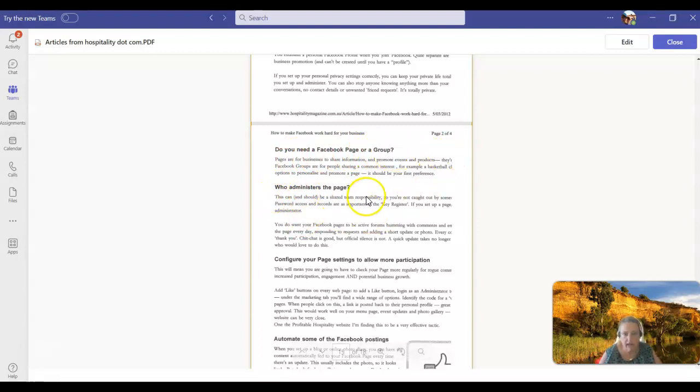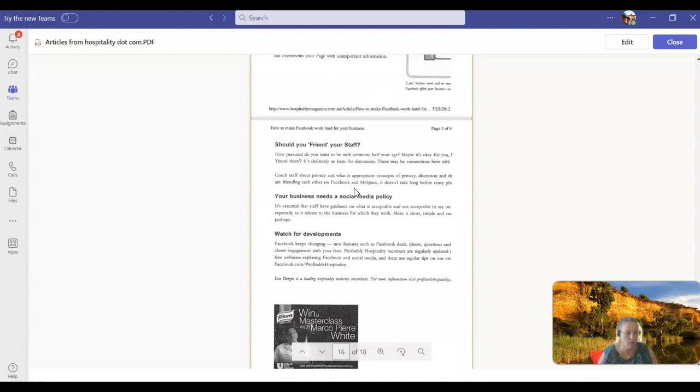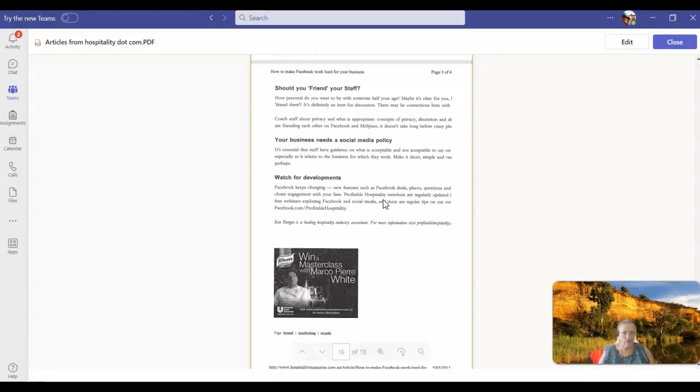Who administers the page is a big tricky one that needs to be considered, because if you end up with an employee who has an axe to grind as an administrator on your page, it could turn into an absolute disaster. Your business needs a social media policy, and obviously then everyone who works within that business needs to understand what that policy is.